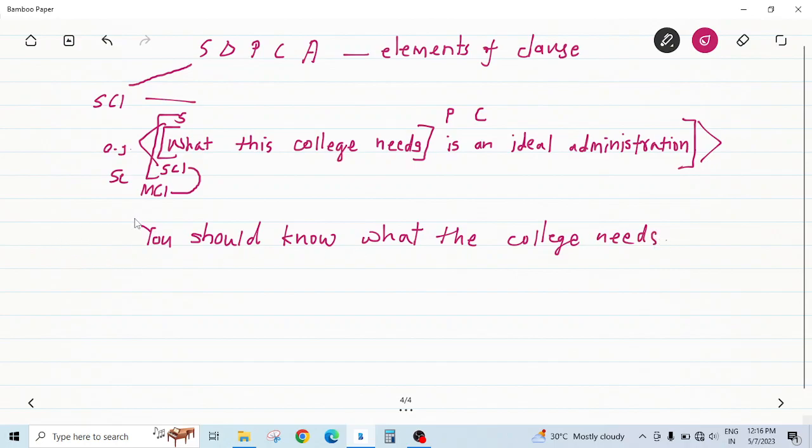Now if this is a main clause, this is SCL, and you should know, this is subject, predicate, and here it is object. So in this sentence SCL functions as object.